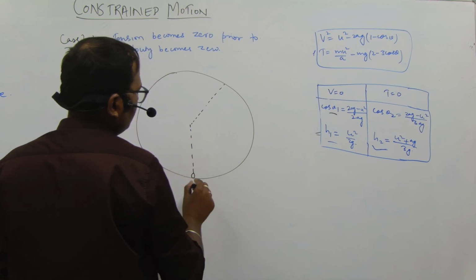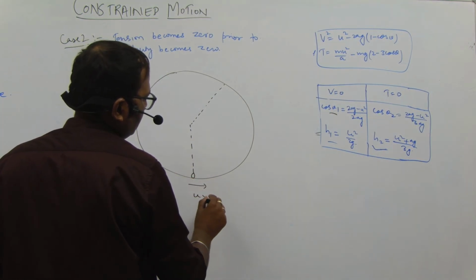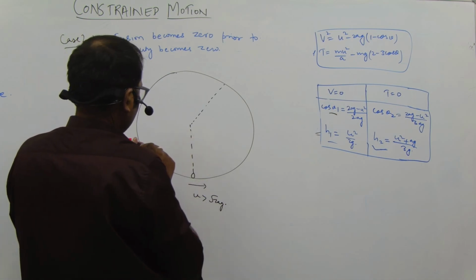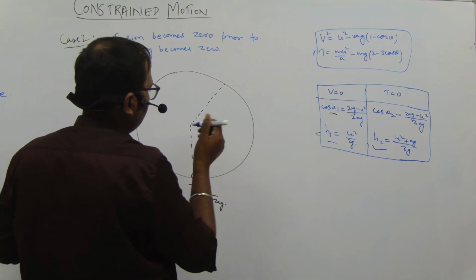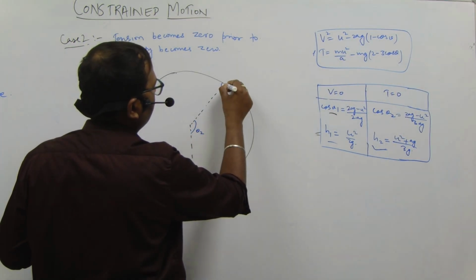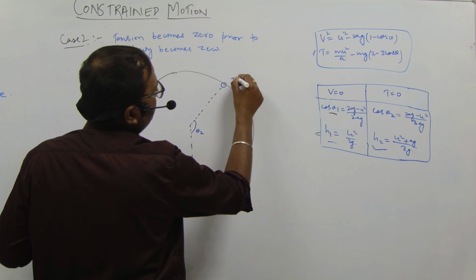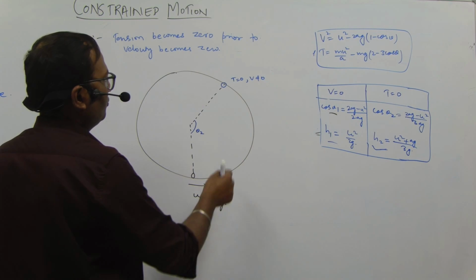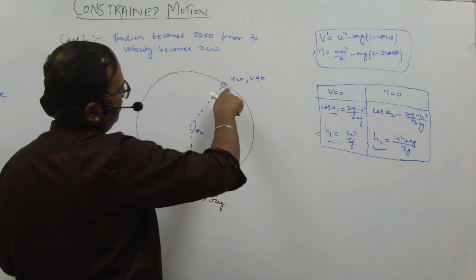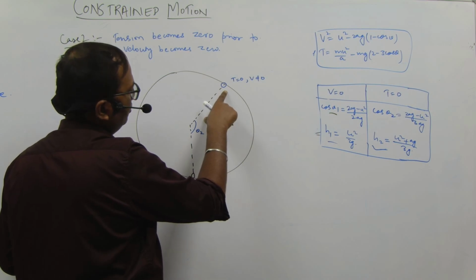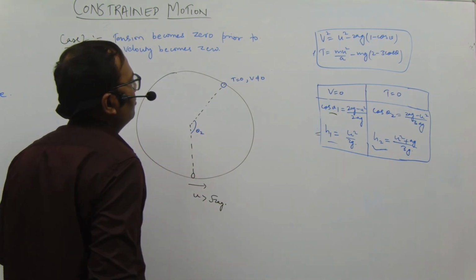This is the bottommost point. Here u is greater than root under 2ag, and this is the angle theta 2. At this particular point the tension is equal to 0 but the velocity is not equal to 0, so the string will get slack and it will leave the circular path.